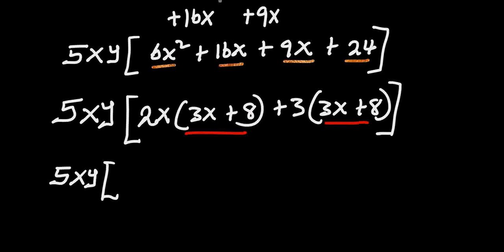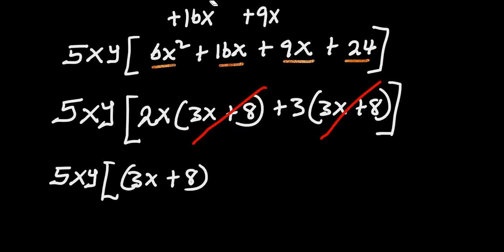Just write 3x plus 8 in parentheses. And if you strike both of them from here, what do you have left?